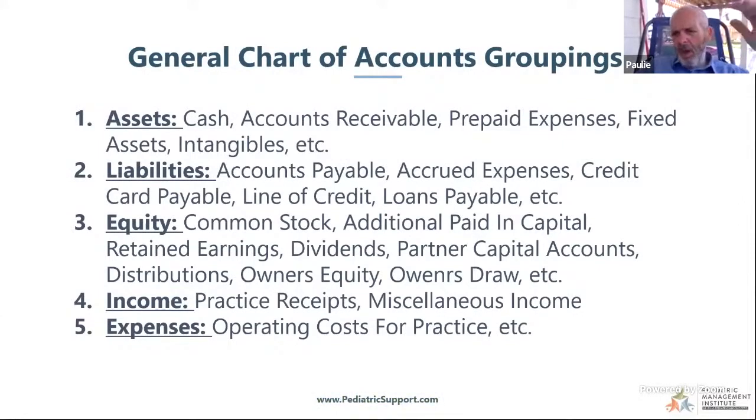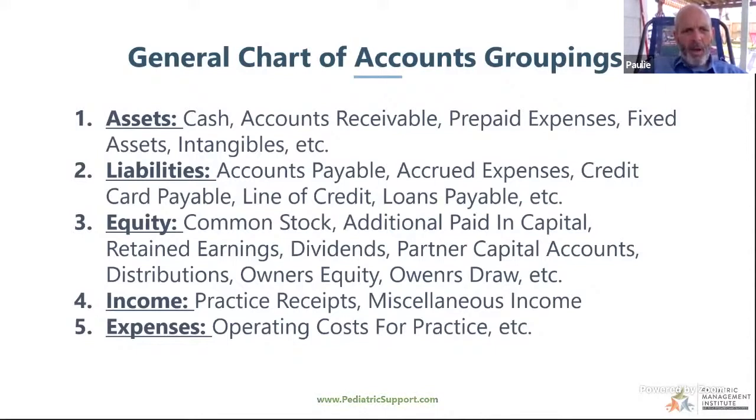So I'm going to walk you through, in the next 5 to 10 minutes, different types of buckets. Now, there are 5 primary areas that I mentioned before that are universal across every business: assets, liabilities, equity, income, and expenses. Generally speaking, I'm not worried about the equity.